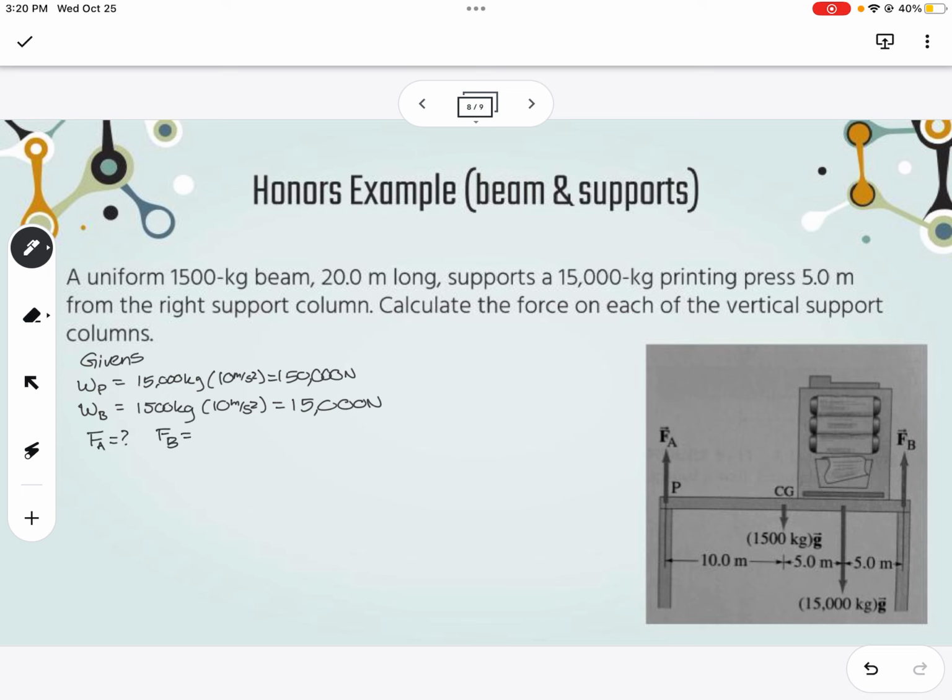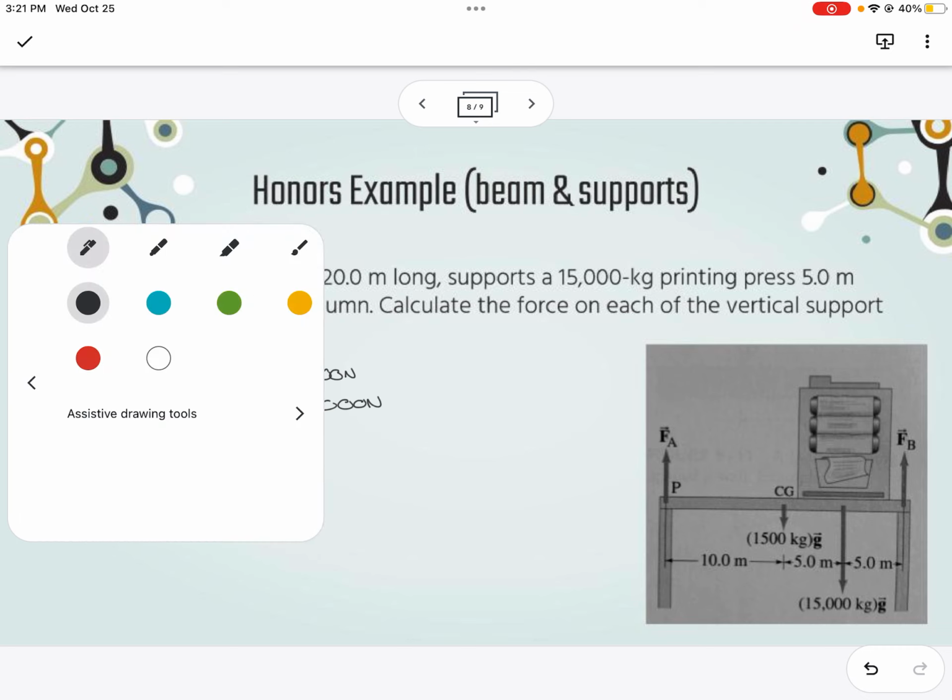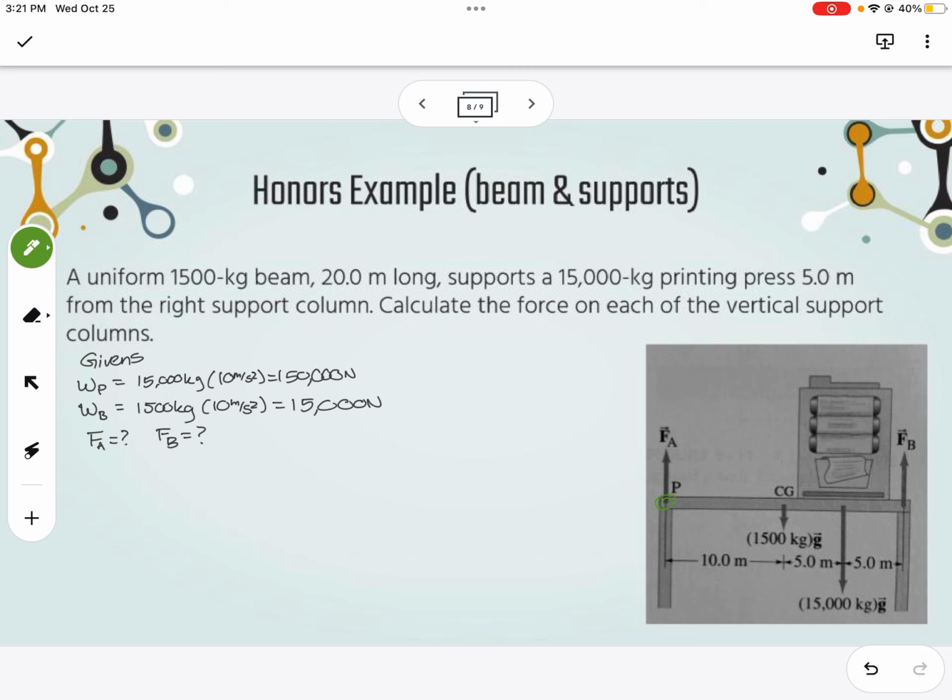So what are those two support forces? Let's start by saying our axis of rotation is point A. I'm just going to pick a point. The reason I chose point A is because if I pick point A, then I can figure out 2 torques that I know, right? I know this weight and I know this weight over here.